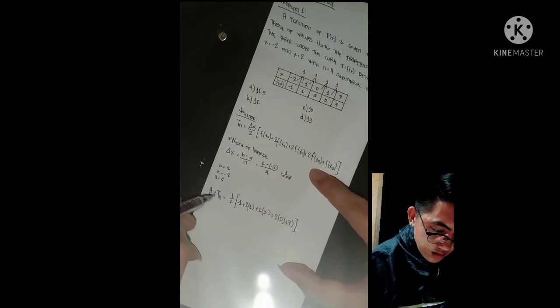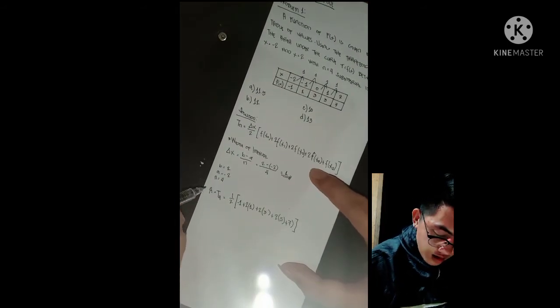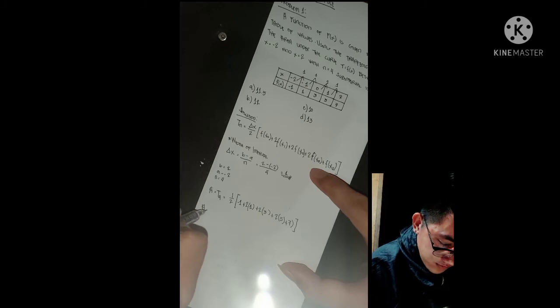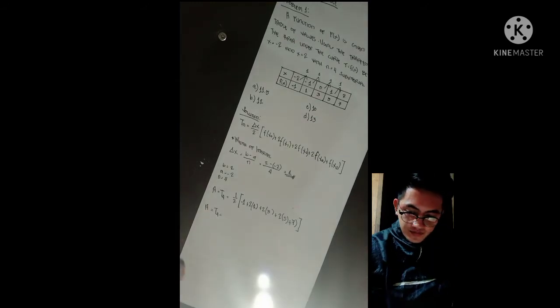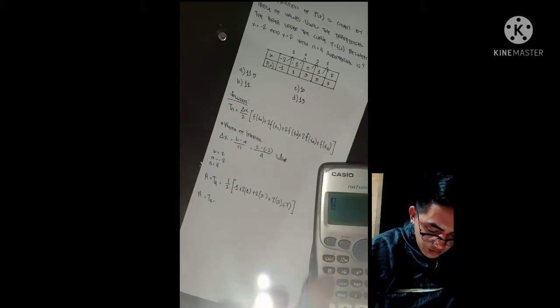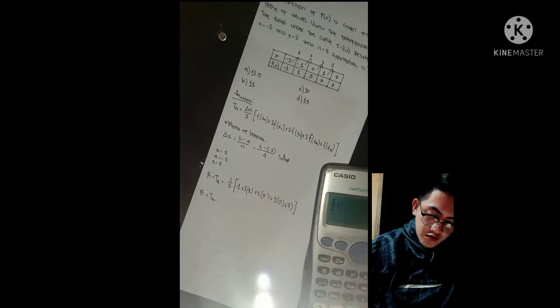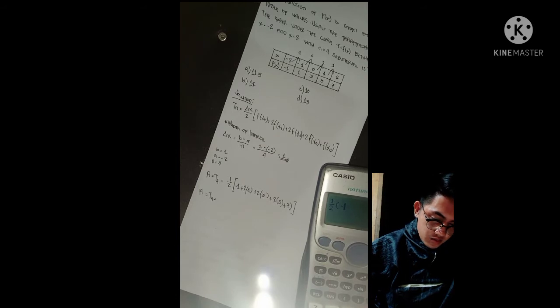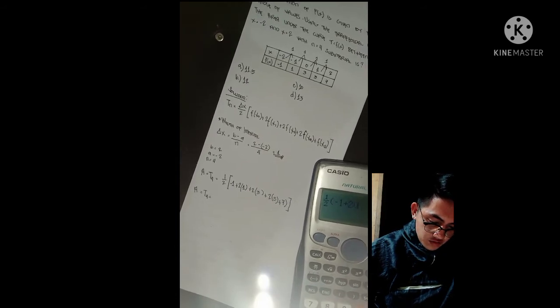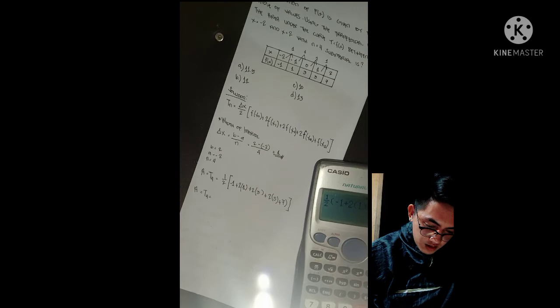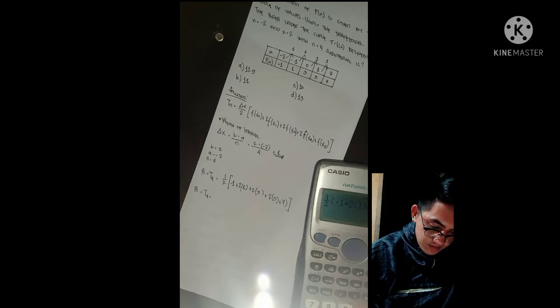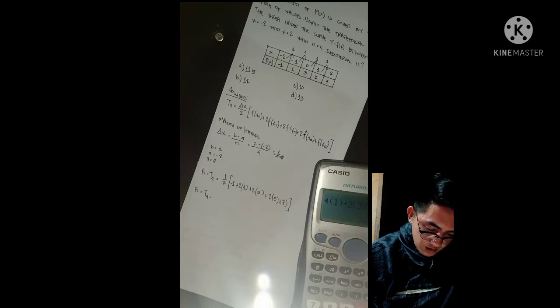So our approximate area is equal to T4. So 1/2 times -1 plus 2 times 1 plus 2 times 3 plus 2 times 5 plus 7.